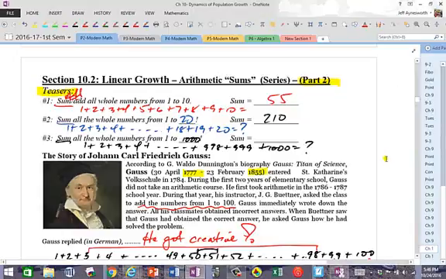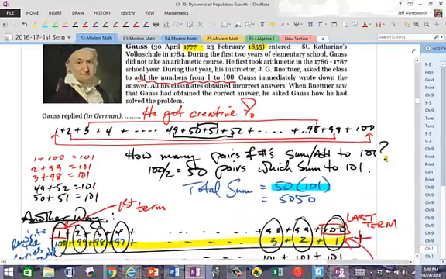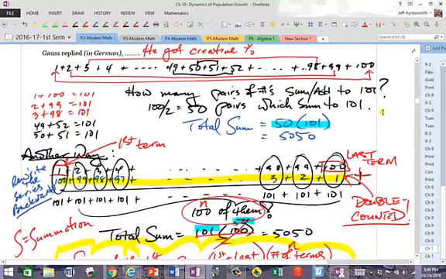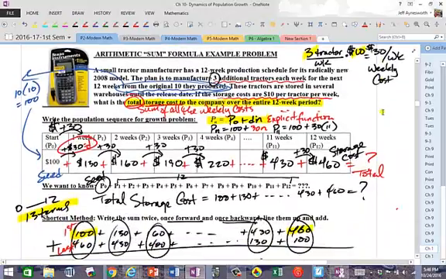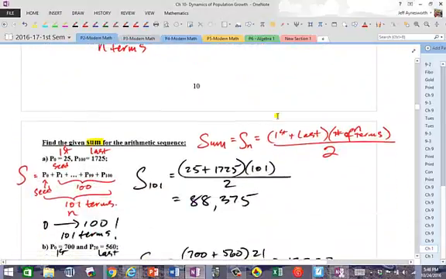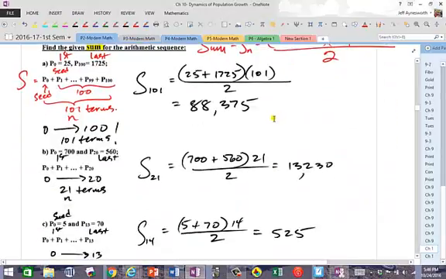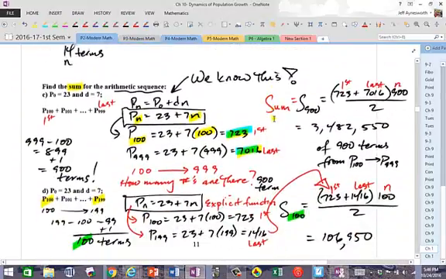He did this when he was very young, and I talked about how he got creative and how he might have added the first 100 counting numbers so quickly. And we took that technique and we applied it to all kinds of problems. We talked about the tractor problem, and then I solved a bunch of summation problems of arithmetic series for you guys.